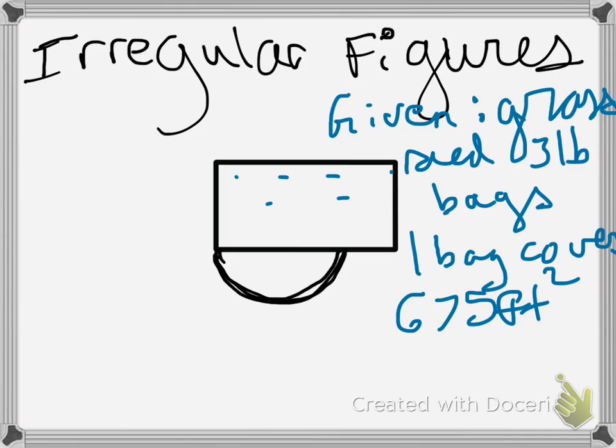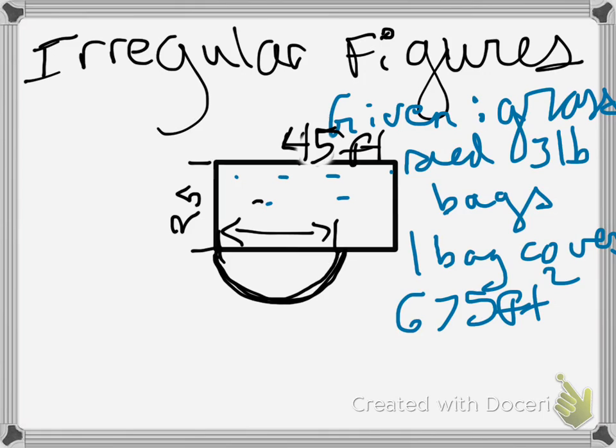This field that we want to seed is 45 feet long by 25 feet long here. This distance right here is 30 feet.